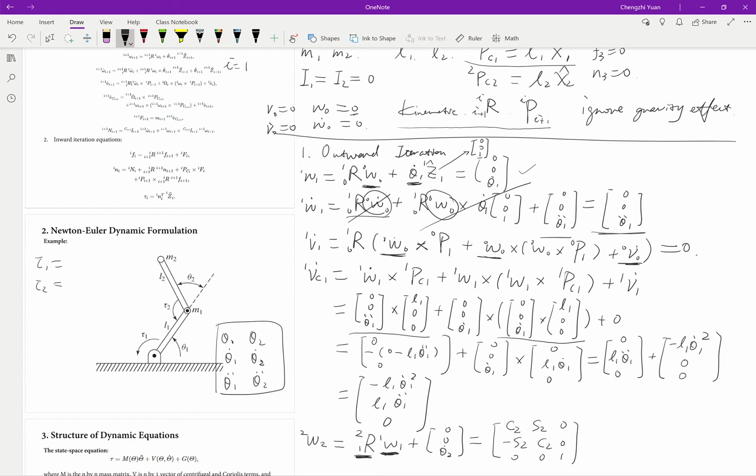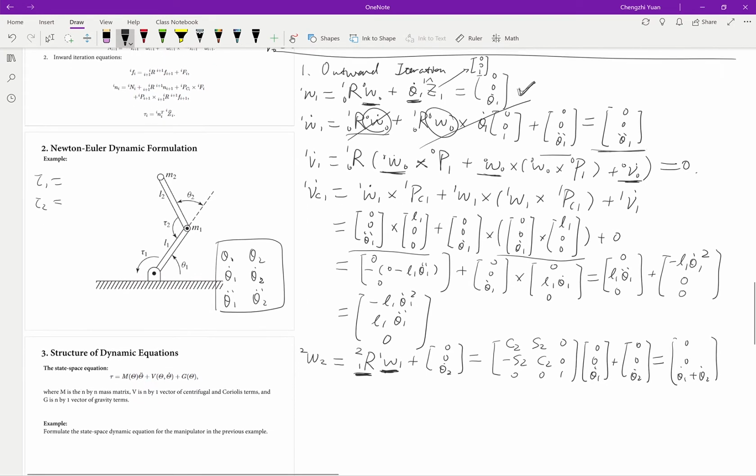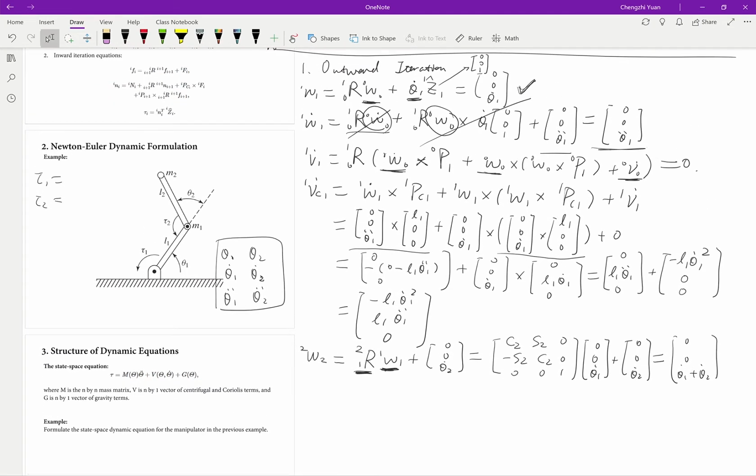Okay, so this is the rotation matrix R21, and then times 0 0 theta 1 dot, plus 0 0 theta 2 dot. So omega 11 is coming from here. Then you multiply this out and then add this one, and the result gives you 0 0 theta 1 dot plus theta 2 dot. Okay, so this is the angular velocity, omega 22.